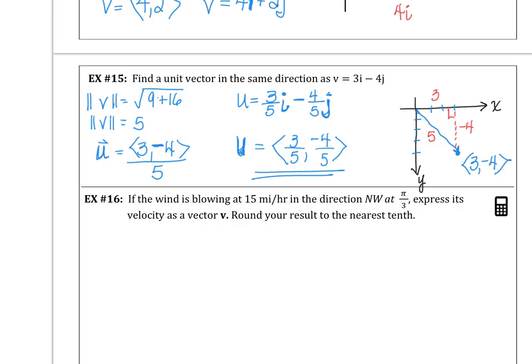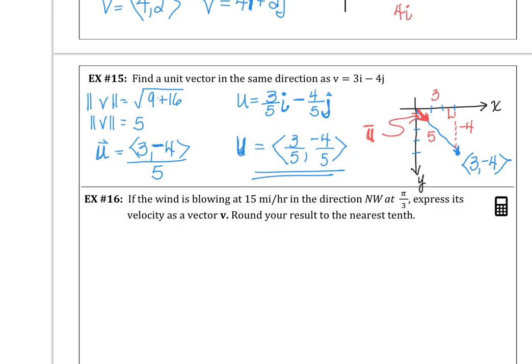That means if we go out 3/5 and go down 4/5, that's our unit vector right there, that little bitty one. There are 5 of those. We could cut and paste this 5 times to get out to the end. Takes 5 of those unit vectors to cover that space, 5.